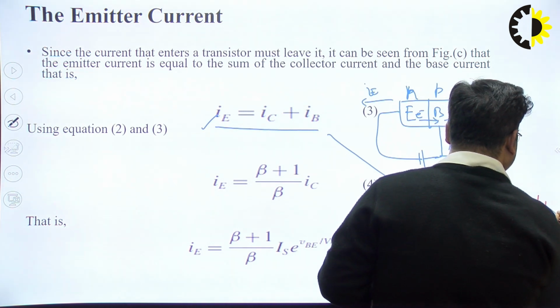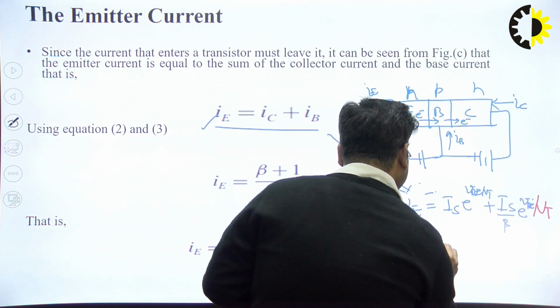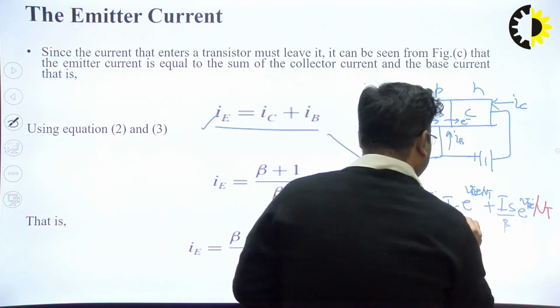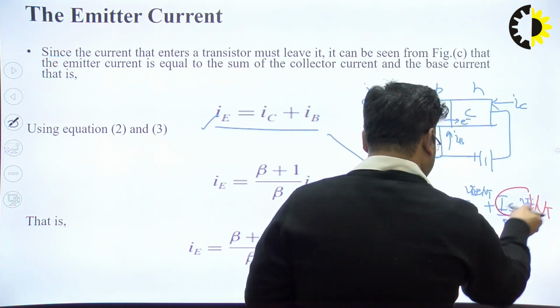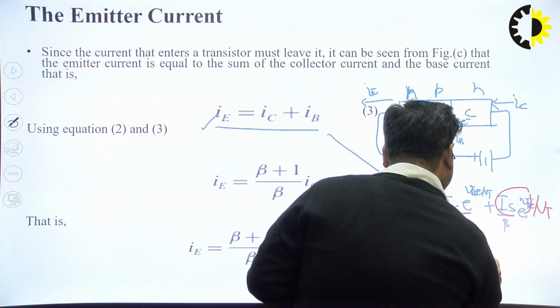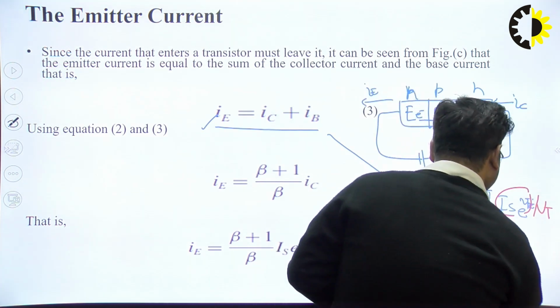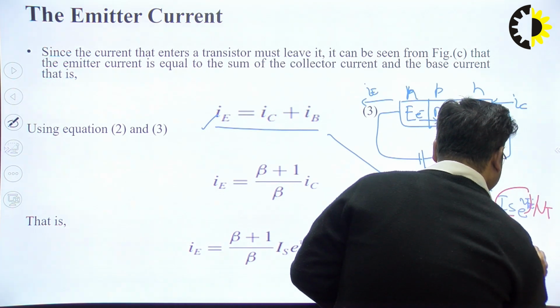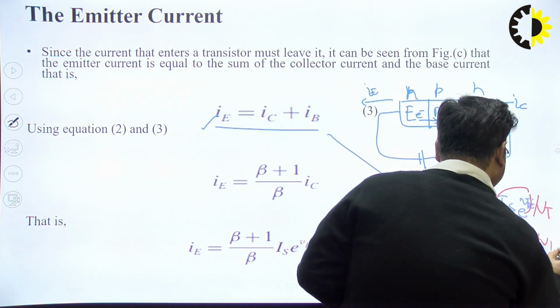If we take common this quantity, then IE will be equal to 1 plus 1 upon beta, IS e to the power VB by VT.